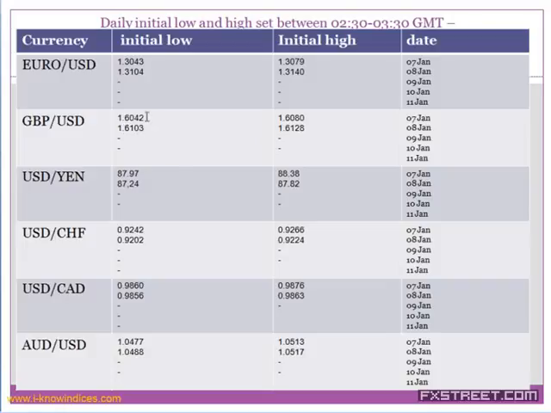And today the initial low is higher than yesterday's high. Similarly, in the case of GBP, the initial low is higher than yesterday's high. So those who had taken sell positions yesterday are still not given the profit booking opportunity.